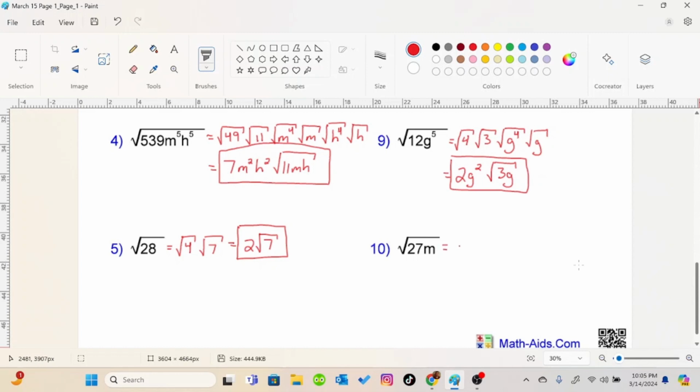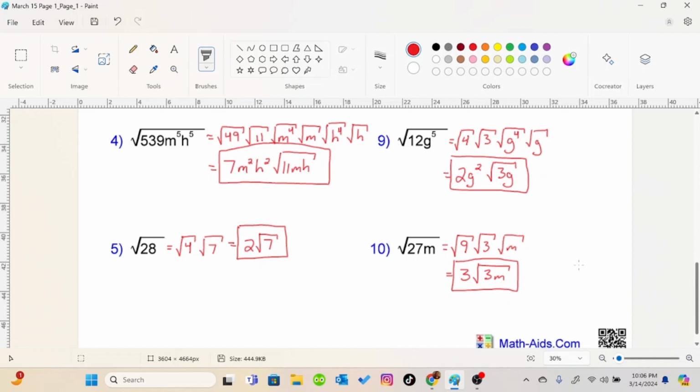And our final problem, number 10. The square root of 27 is the square root of 9 times the square root of 3, and we have the square root of m. The square root of 9 is 3, and we combine the 3m under the radical. So our final answer is 3 times the square root of 3m.